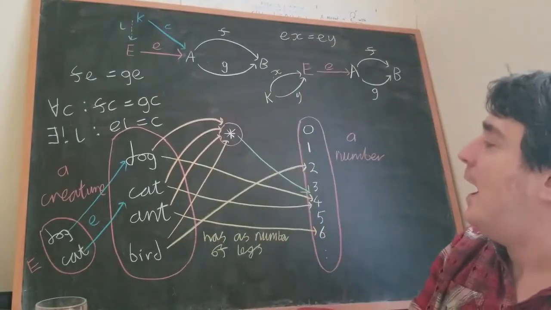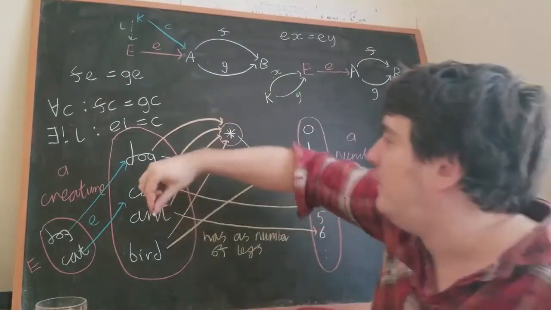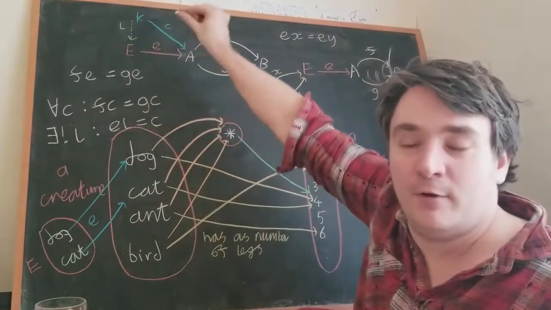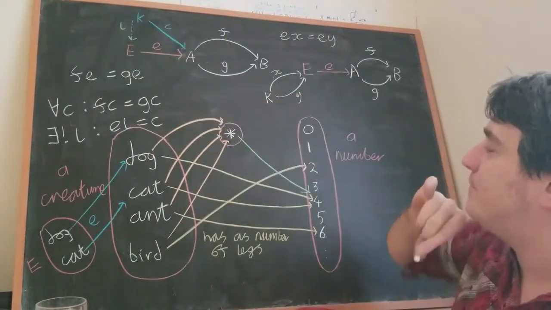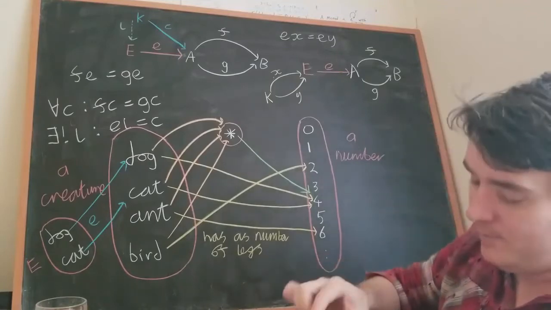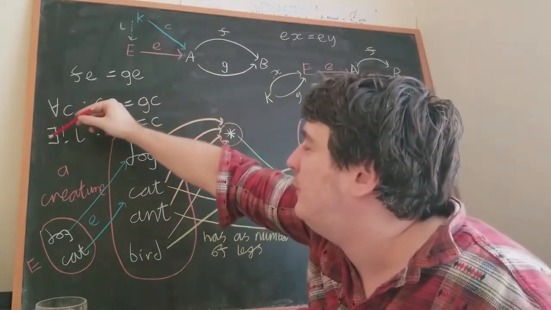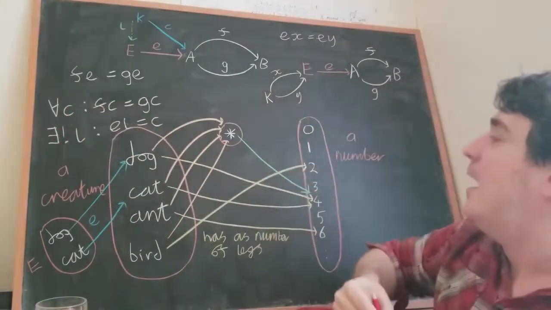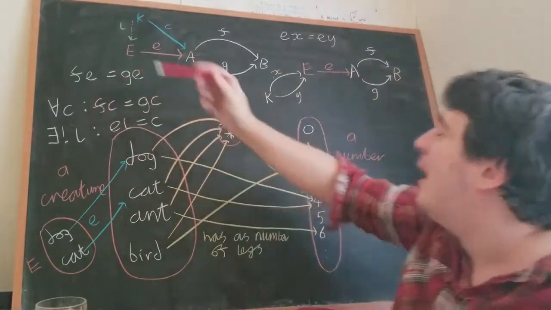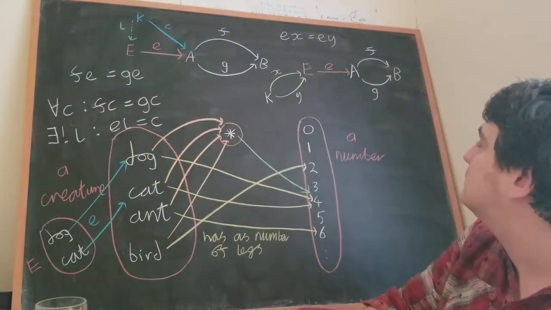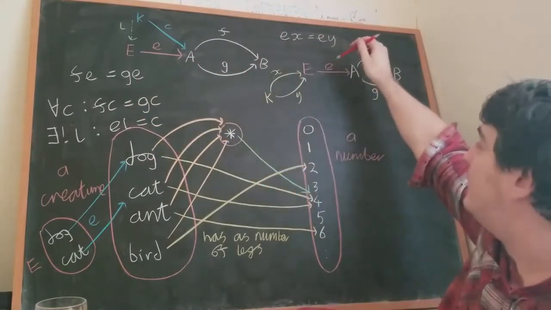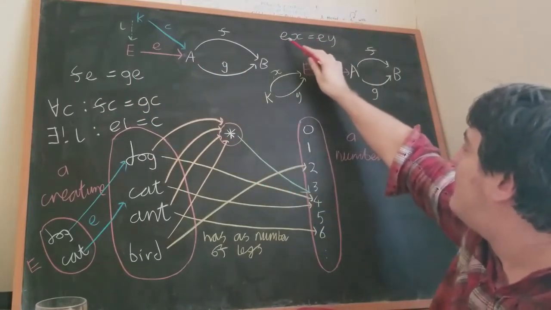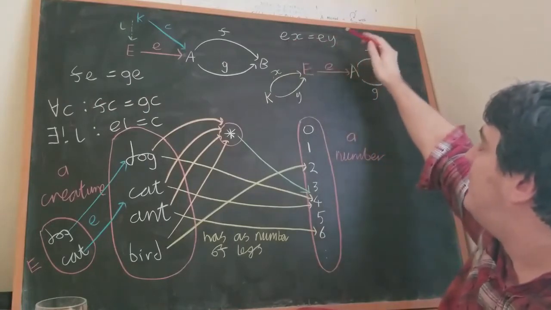Okay, that's what an equalizer is algebraically. So this means for all, and this means there exists a unique, and I use this to mean such that. So okay, let's return to trying to prove that e is monic. Okay, so we start by saying e after x equals e after y.